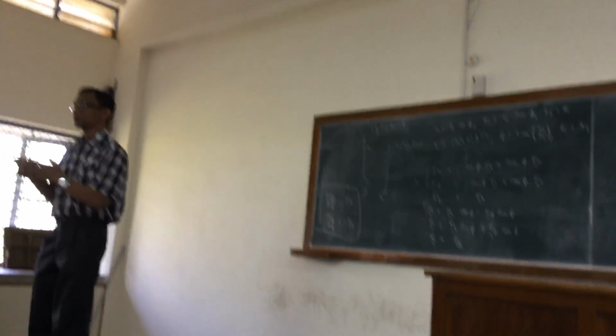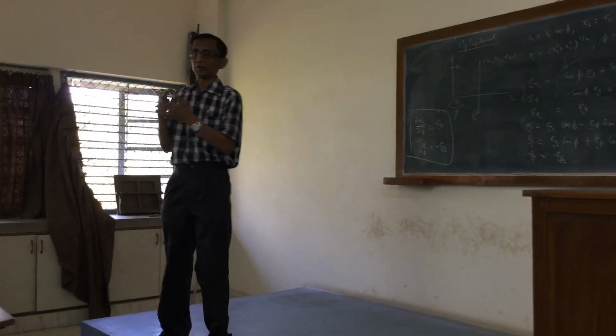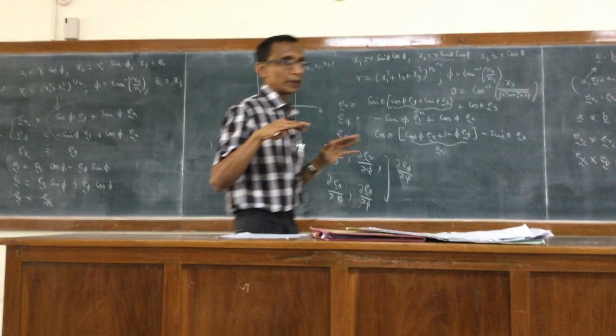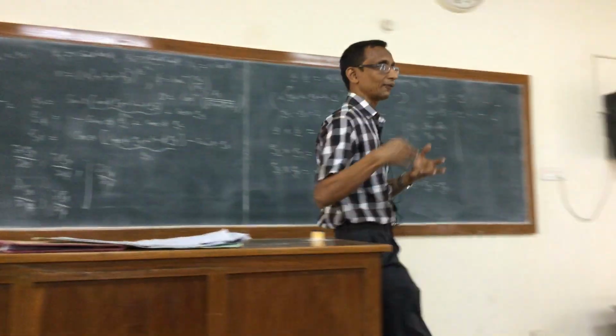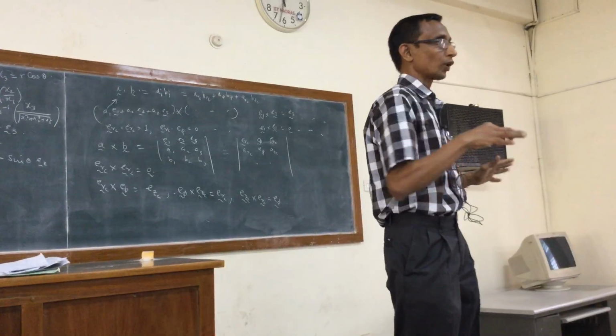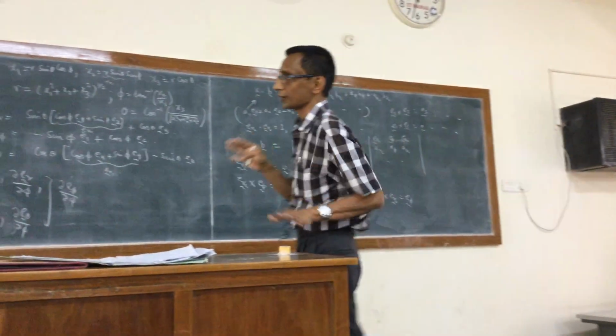So what about operations involving a tensor and a vector? What I am now considering are operations which do not involve the gradient operator, because that is when we have to consider the derivatives of the unit vectors also. These are all operations that do not involve that, right? So I will consider all those operations separately.